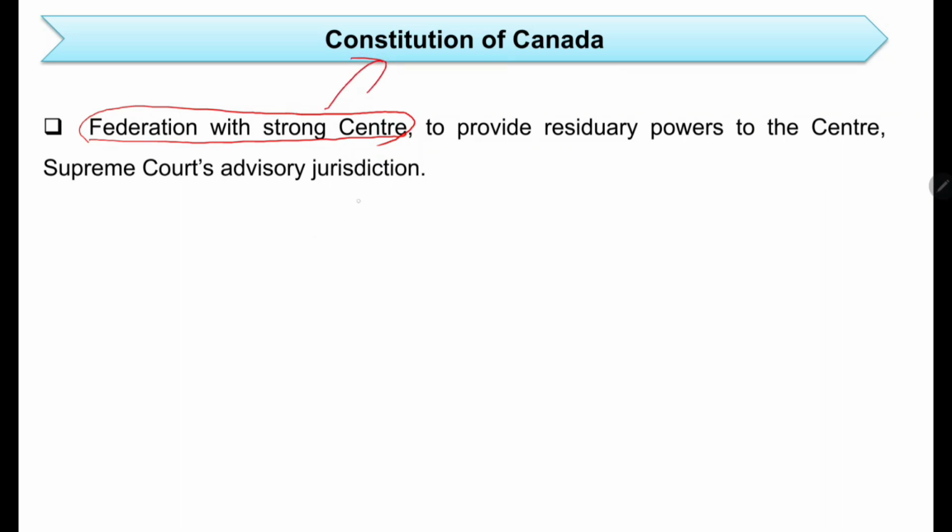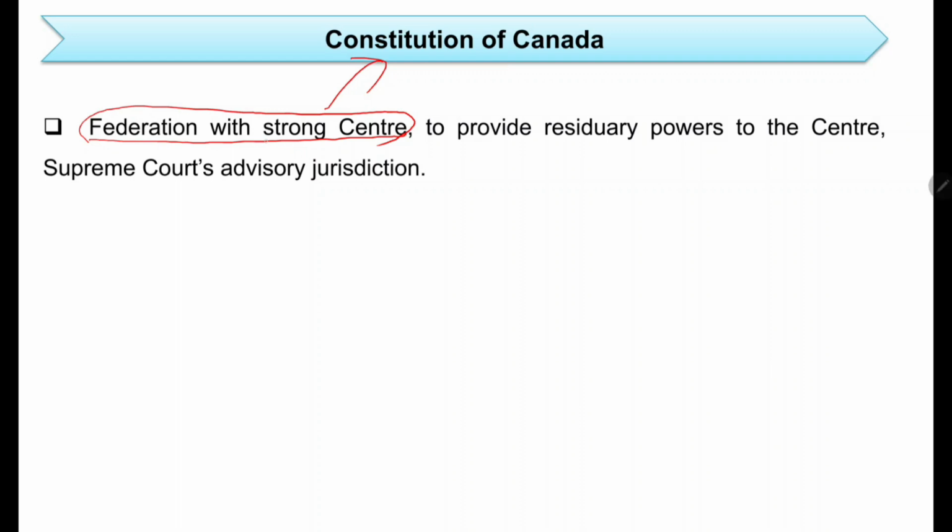That means the central government will have more power as compared to the state government. Why? This is to maintain a balance. Otherwise, if the states and the center are given equal power, then the states will do whatever they want and will not listen to the center.